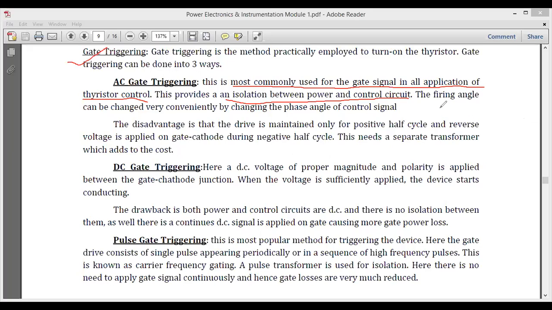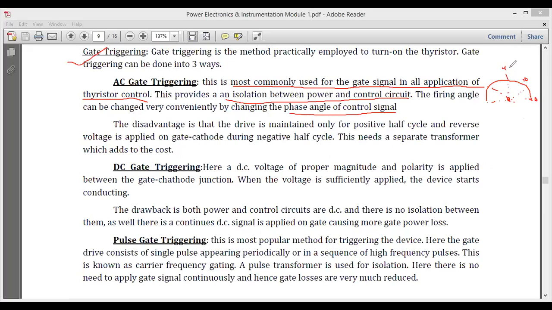The firing angle can be changed very conveniently by changing the phase control of the SCR. Firing angle is just like a protractor here. Various angles are mentioned like this. Usually it starts from 0, we take it from the right side: 0 degree, 10 degree, and so on.